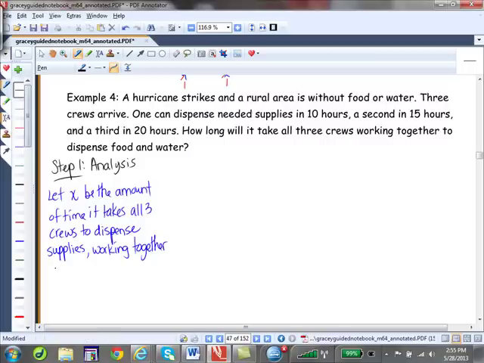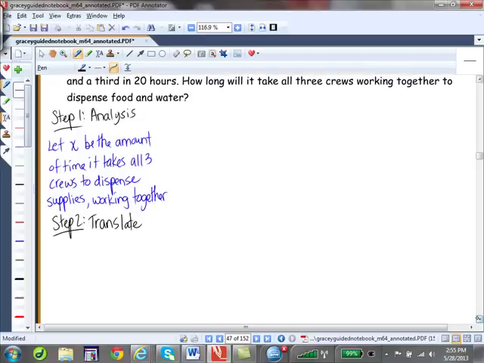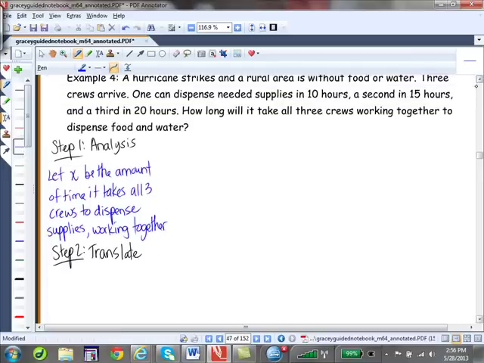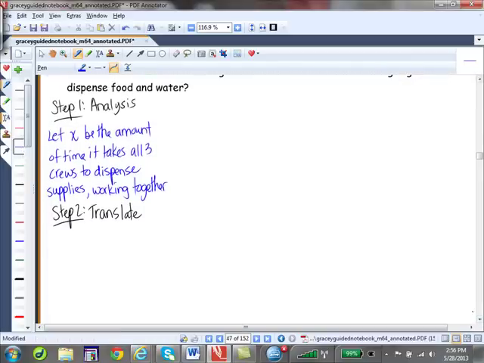So when we translate this, it'll be a little bit different because we have all the individual times, but we don't have the time working together. The first one took 10, 15, and 20 hours. So the first crew in 1 hour would have 1/10 of the job done.